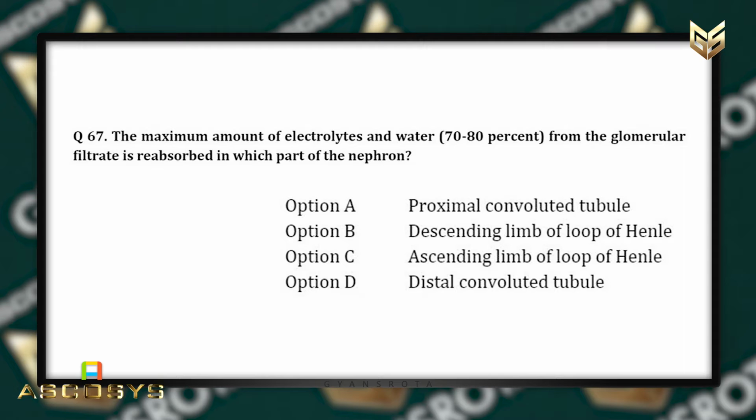The maximum number of electrolytes and water, 70 to 80% from the glomerular filtrate, is reabsorbed in which part of the nephron? Option number A, proximal convoluted tubule. Option number B, descending limb of loop of Henle. Option number C, descending limb of loop of Henle, and option number D, distal convoluted tubule.